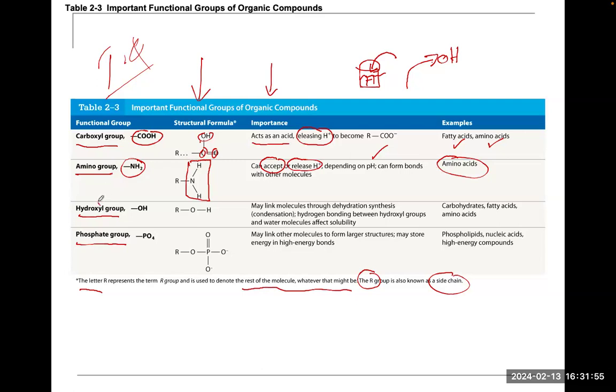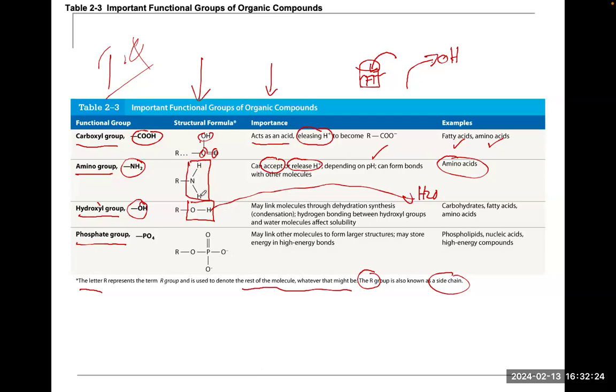Now we have hydroxyl groups. Hydroxyl is an OH, so again, you have your side chain, a bunch of carbons, and then at the very end, the functional group, OH. Now we've seen OH before. We've seen this specifically with dehydration synthesis, where it pulls this out, and at the other end of the equation, you'll see H2O, right?